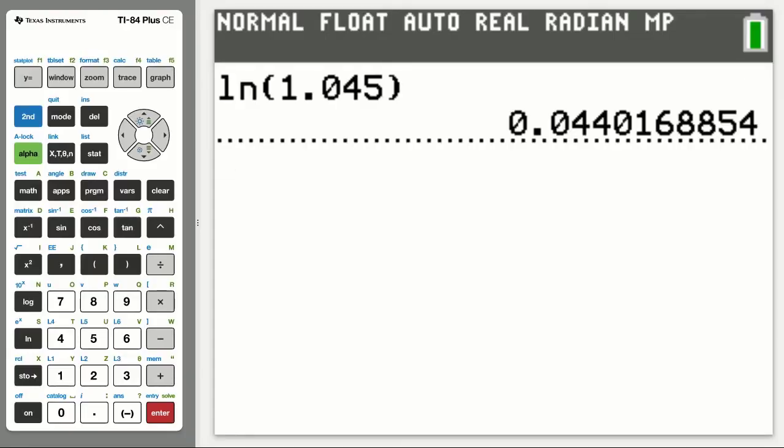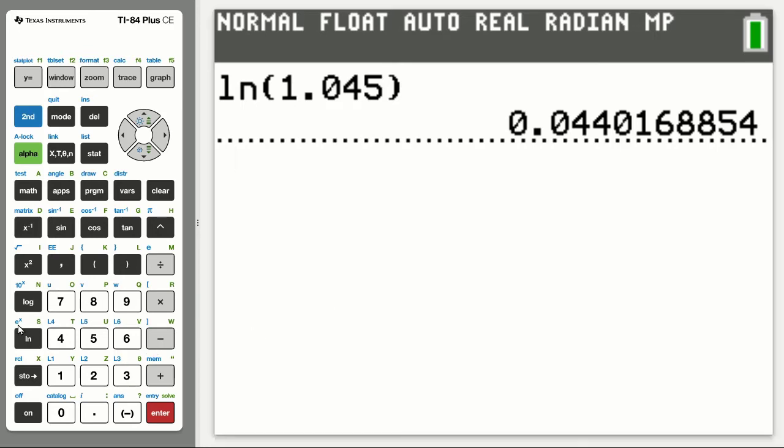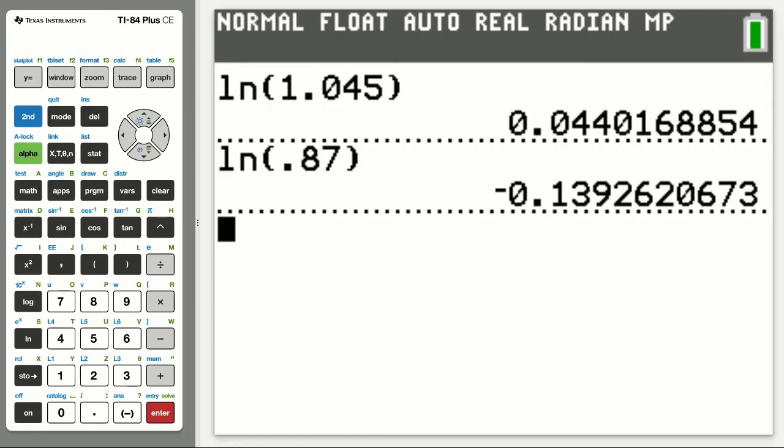All right, so now with our calculator, natural log of 0.87. All right, so now we come out with negative 0.13926.